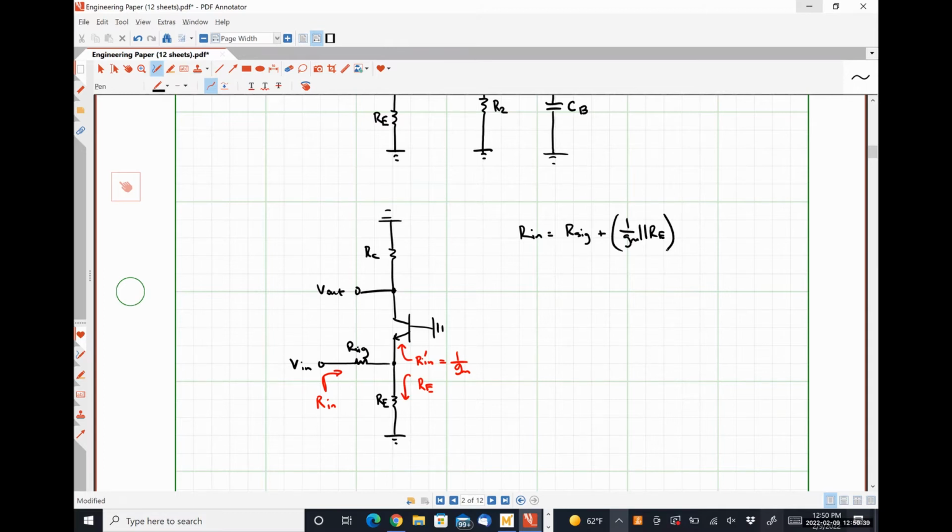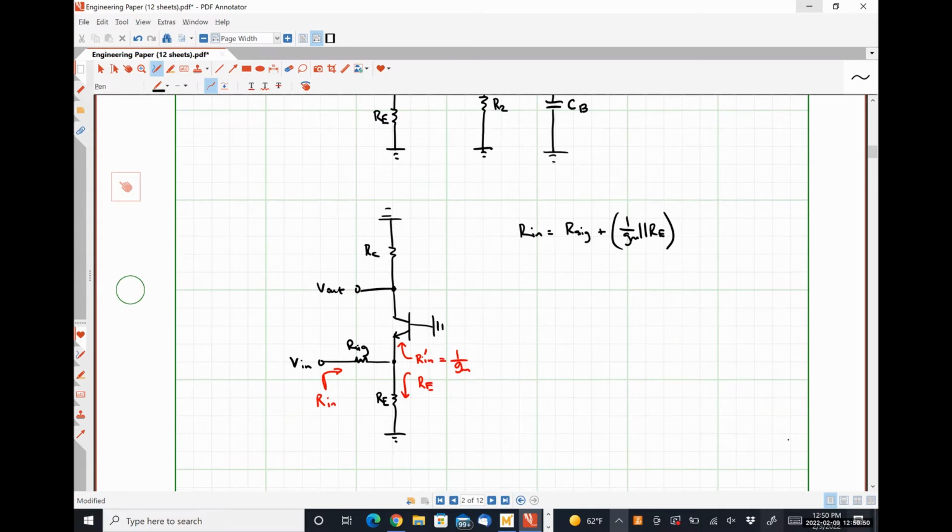Anybody not okay with that? What do we see for R out? Same thing we've seen every time we've looked at. Yeah, it's RC.